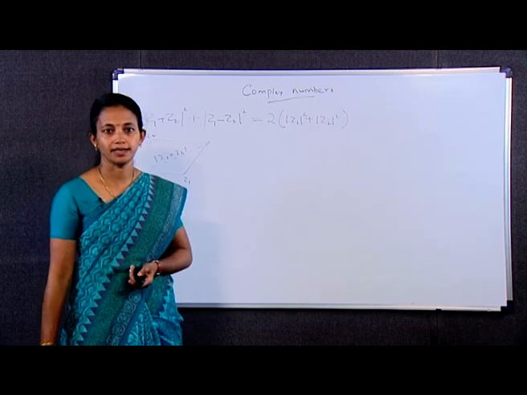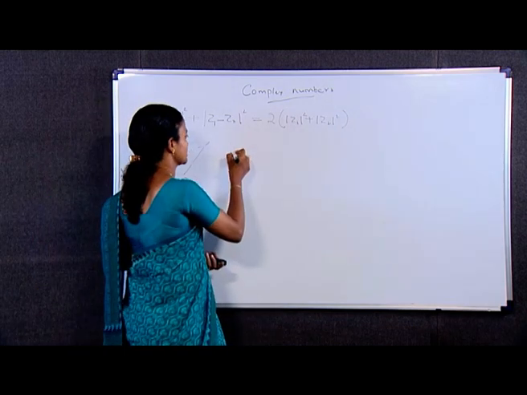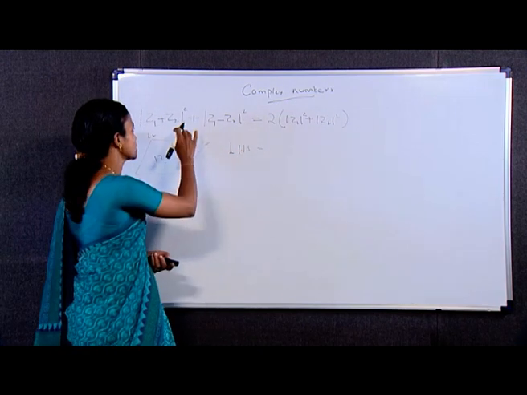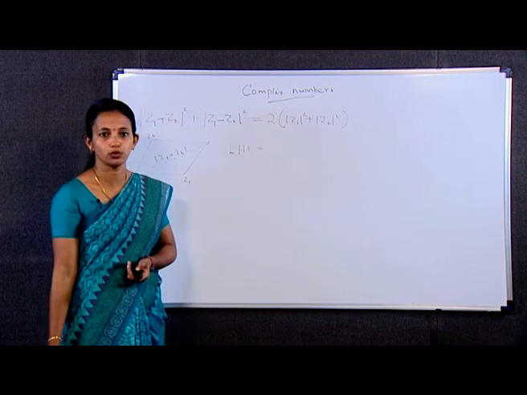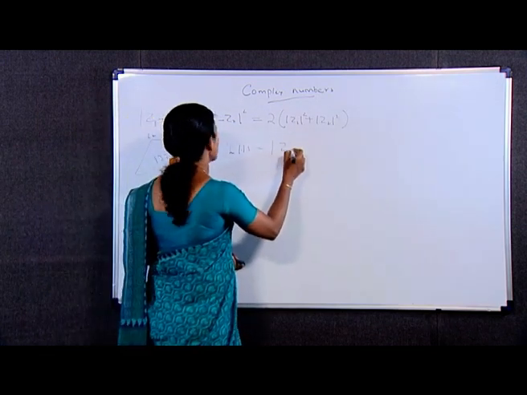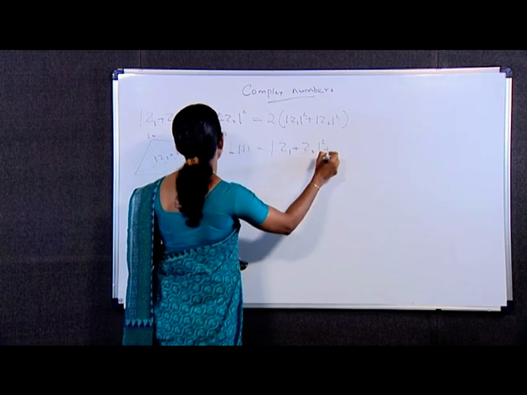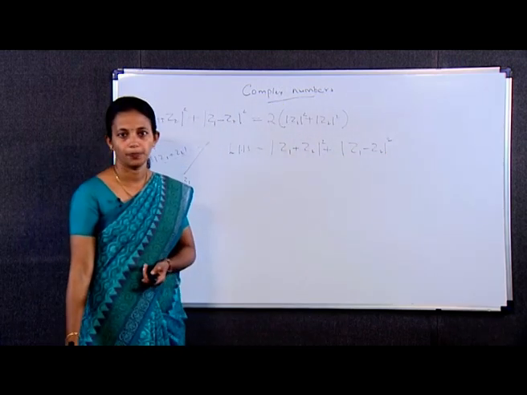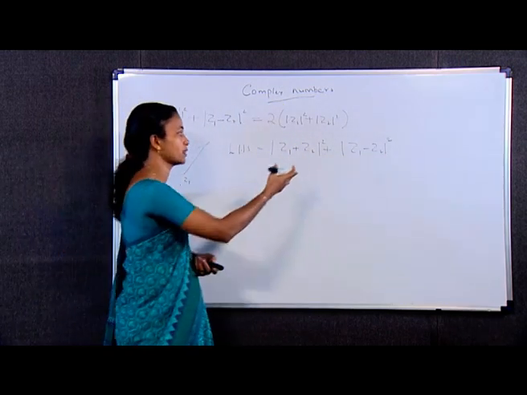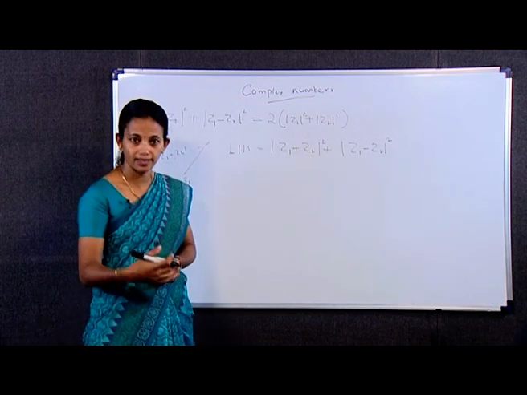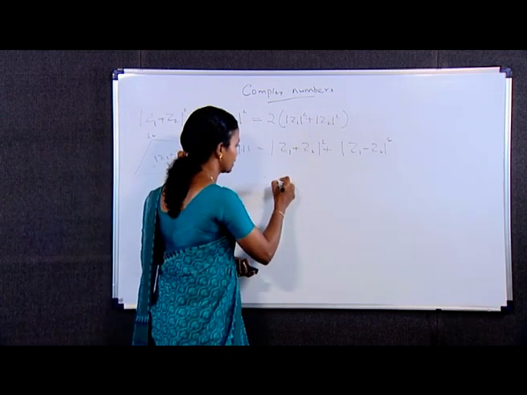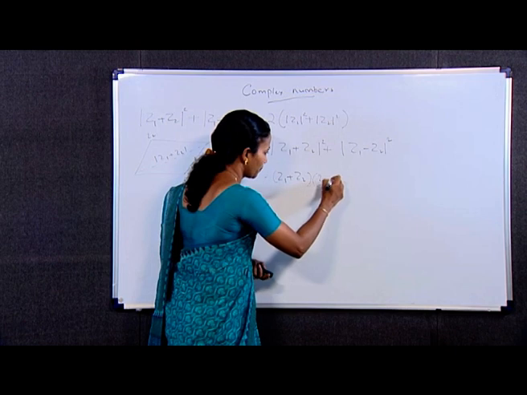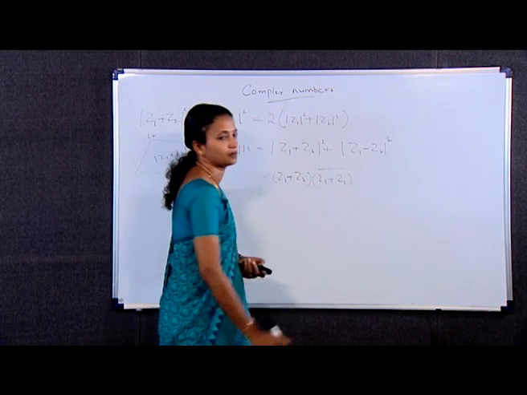So, the proof states that first we take the LHS. LHS we have mod Z1 plus Z2 whole square plus mod Z1 minus Z2 whole square. Using our property, we can write this as Z1 plus Z2 into Z1 plus Z2 conjugate.